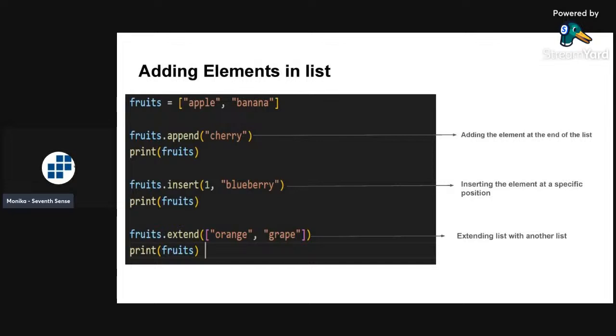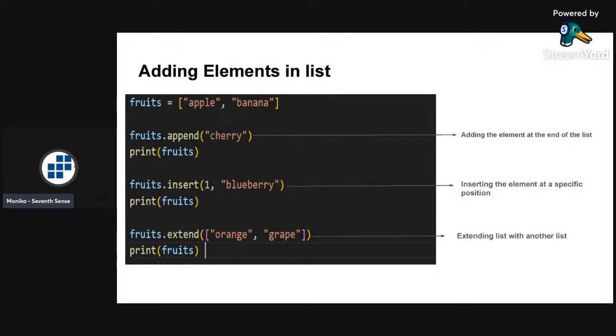What is append? Append is nothing but joining at the end. And what is extend? Join the full set at the end. So fruit is the variable name, and we are doing the append of cherry. What will be our output for this append function?